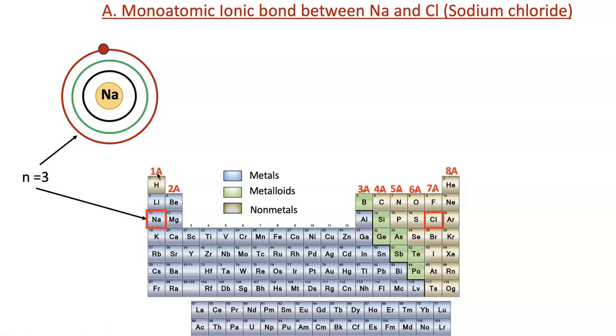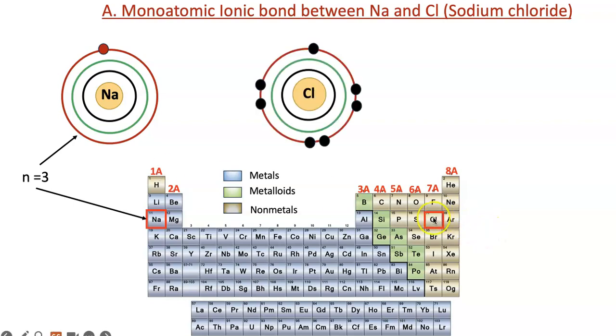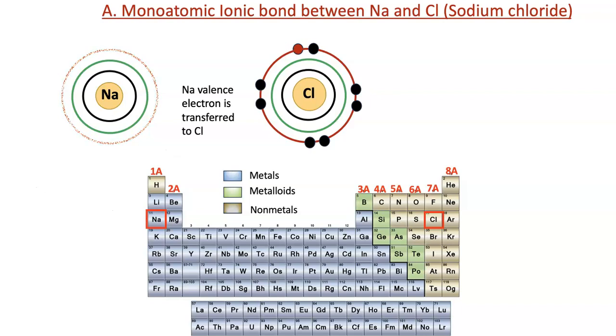And let's look at chlorine. It's in group 7 in row 3, which means it too has 3 shells. The third shell has 7 electrons because it's in group 7A, a representative element. So what happens is sodium donates its electron to chlorine, and now sodium has lost its valence electron.